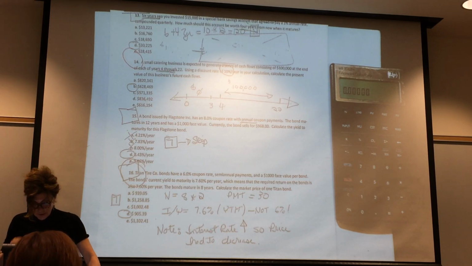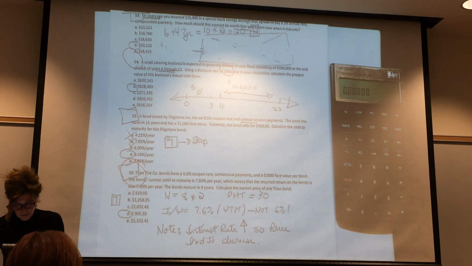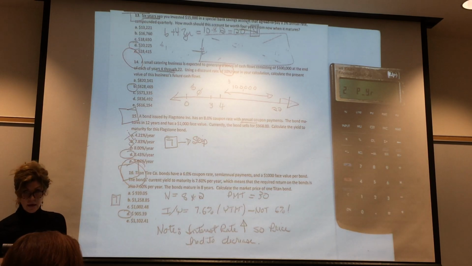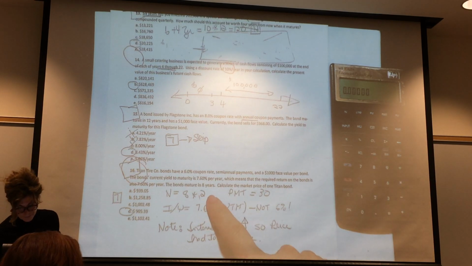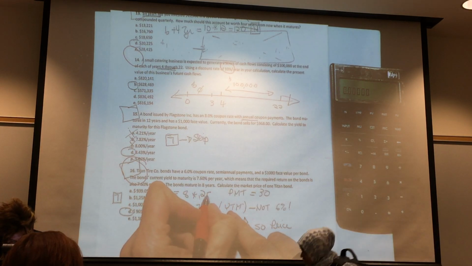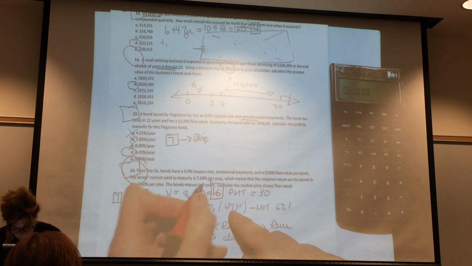The bonds mature in 8 years. Calculate the market price of one Titan bond. First of all, 2, down arrow key, payment. I need to get my calculator on 2 payments a year. You have 8 years left to maturity, so your N is 16.